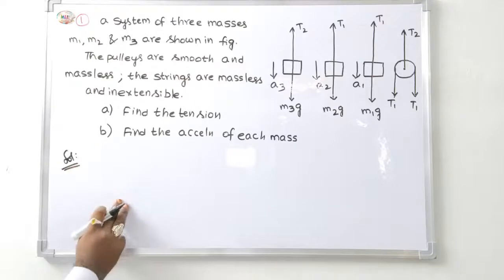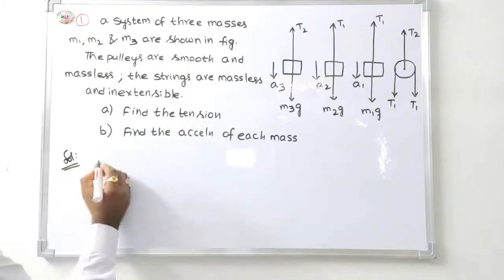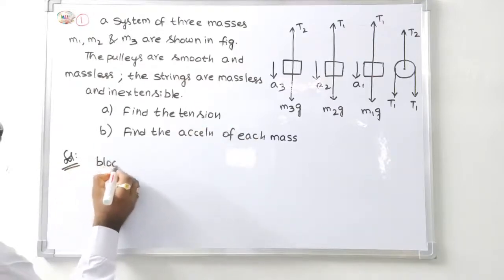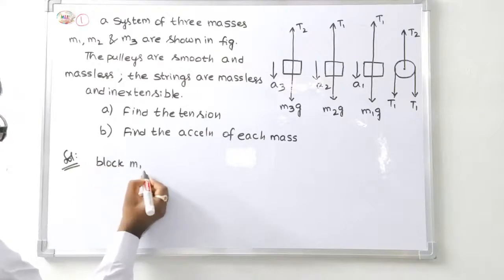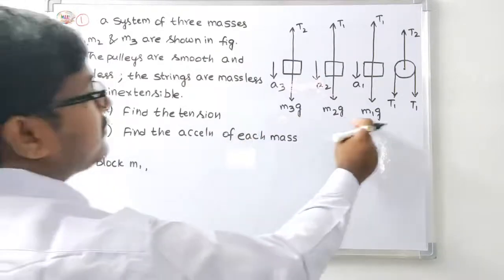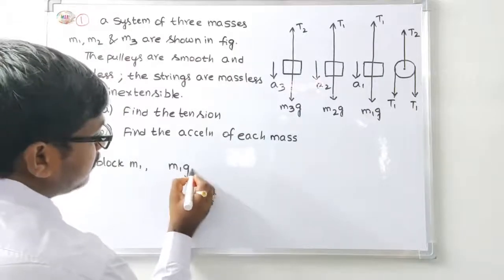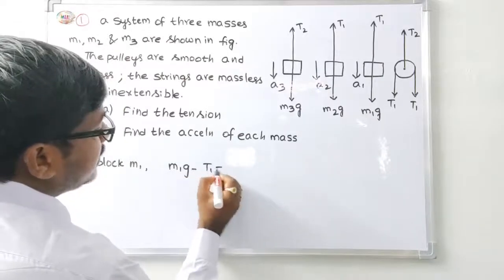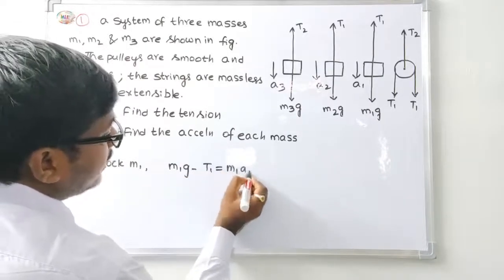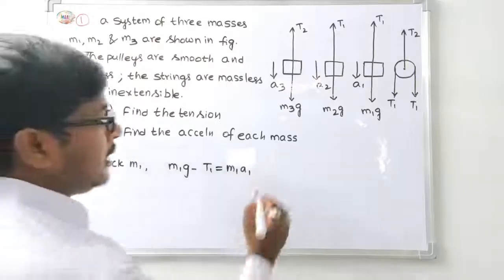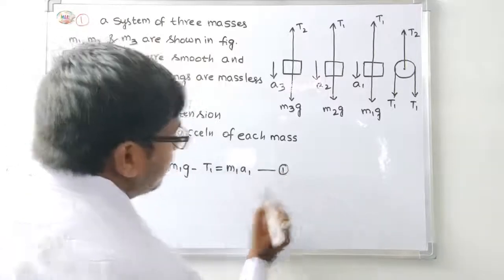Applying Newton's second law to block M1: M1G minus T1 is equal to M1A1. This is equation number 1.